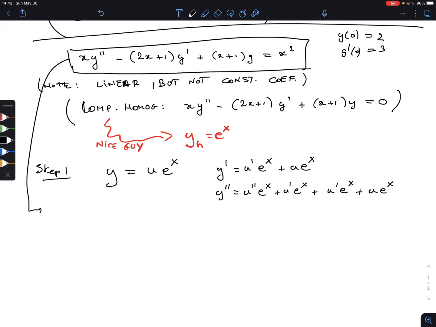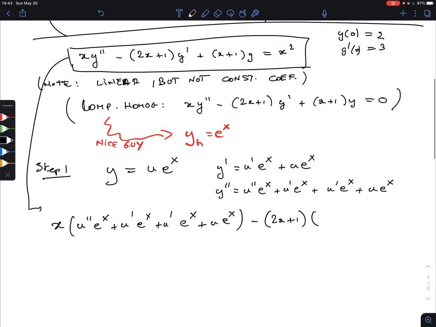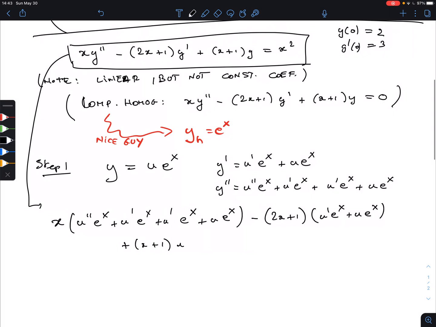So let's plug it in. x times y prime, u double prime e to the x plus u prime e to the x plus u prime e to the x plus u e to the x, minus (2x plus 1) y prime, u prime e to the x plus u e to the x, and then plus (x plus 1) times y, which is u e to the x, and that is equal to x squared.